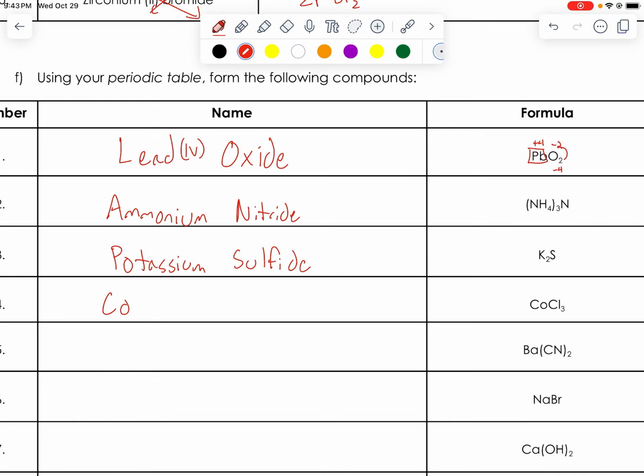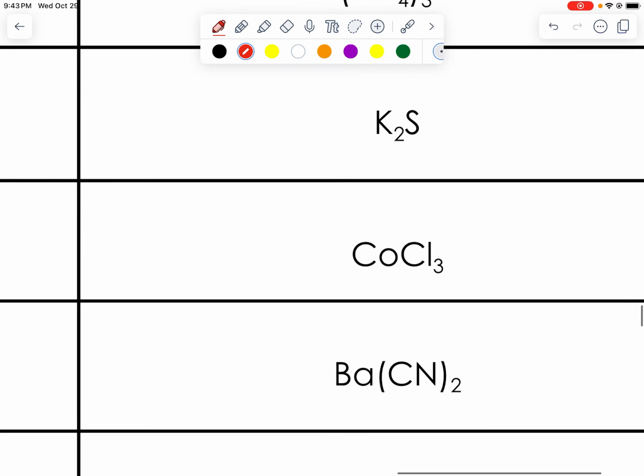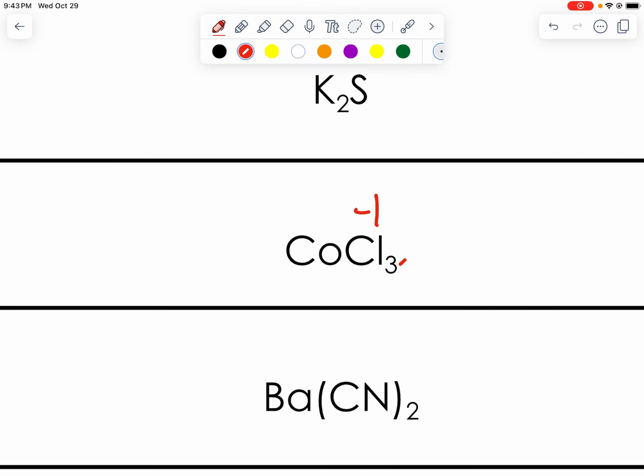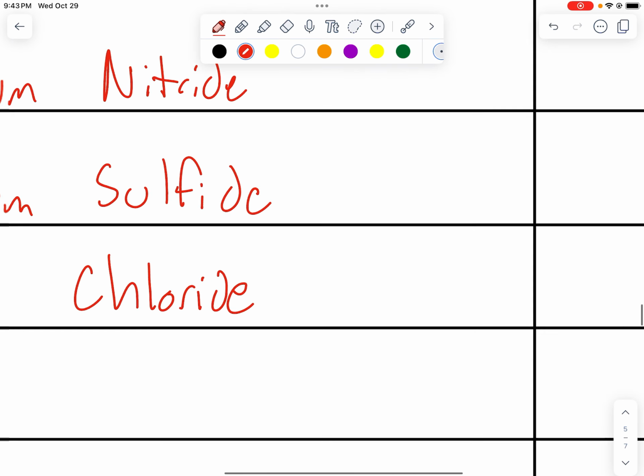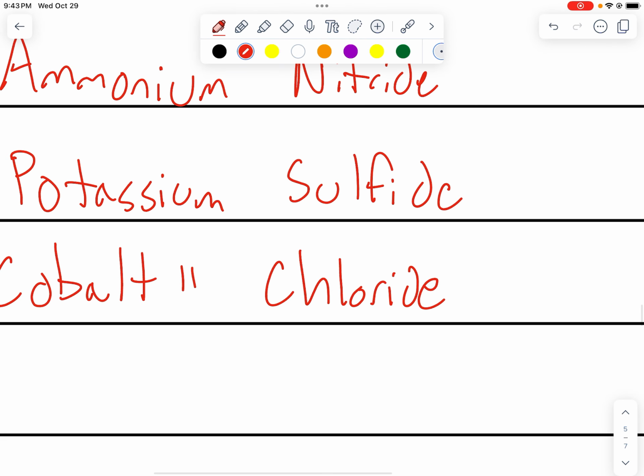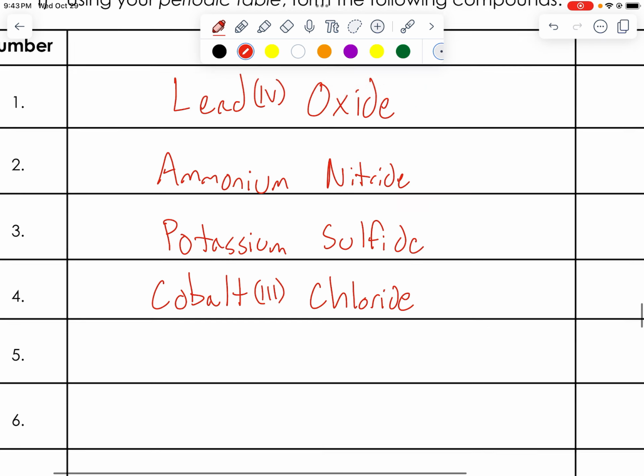Co is cobalt. Now that's one that needs a charge or a Roman numeral. Cl is chloride. So let's look closer. Chloride is minus 1. There's 3 of them. Overall charge is negative 3, so cobalt has to have a plus 3 charge. So here we have cobalt 3 chloride.